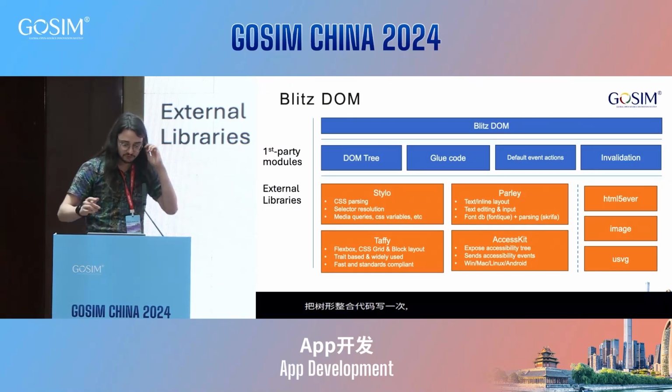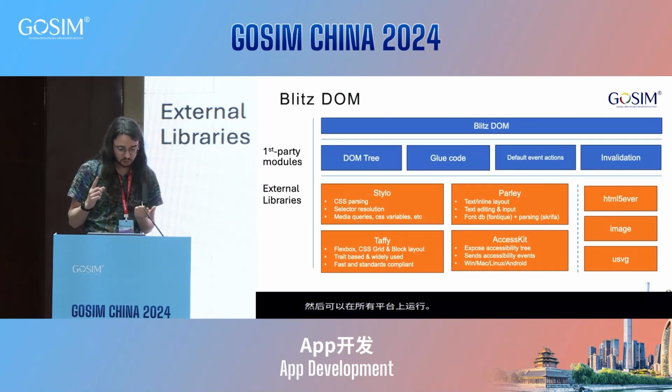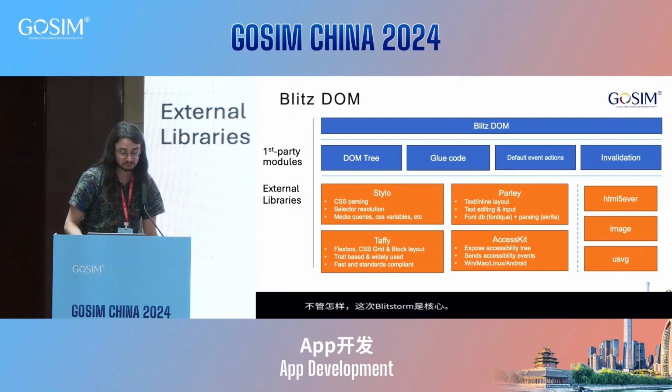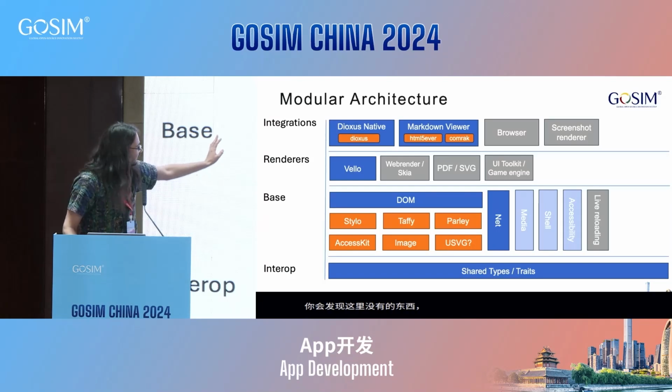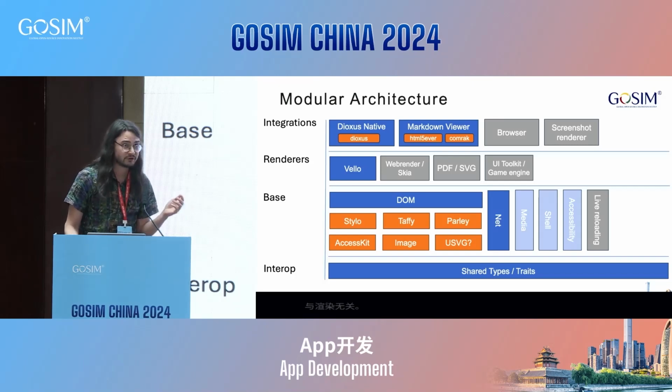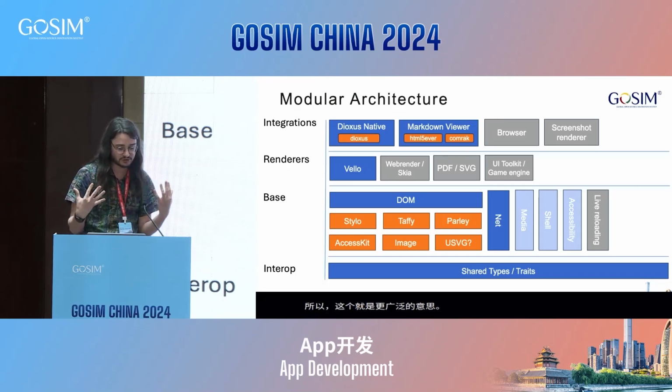So anyway, this Blitzdom is the core, and what you'll notice is not here is anything to do with rendering. This is like the wider thing. So you can use the layout and the styling in a headless way if you want.